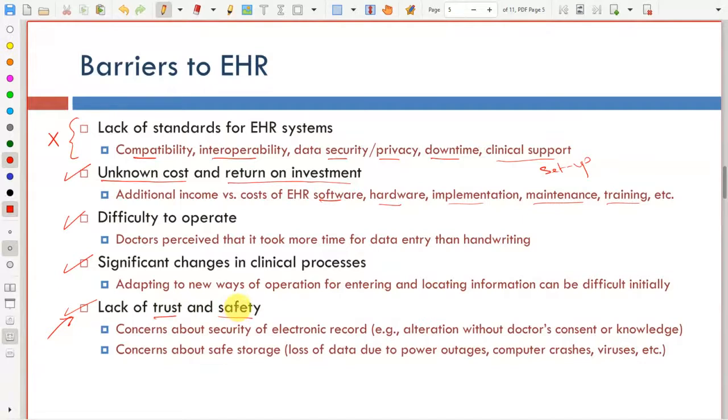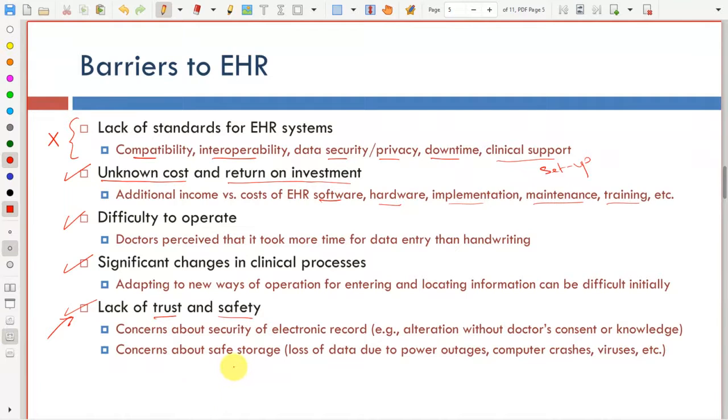Safe meaning: are they going to be destroyed? Would it be possible for the hard disk to be erased, for example, or the hardware to fail and cause loss of information, things of that sort? You have concerns about the security of the electronic record, and alteration without the doctor's consent or knowledge. For example, if the doctor prescribed a certain medication, can somebody go into the system and change that to another medication? Okay, this was a concern.